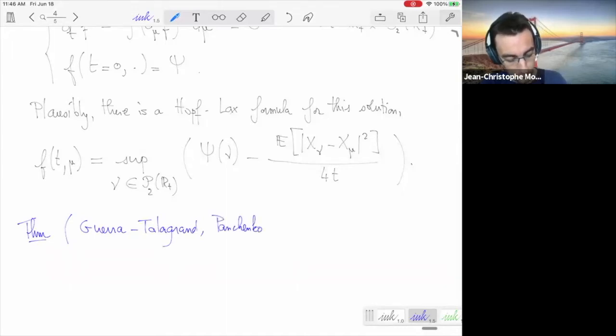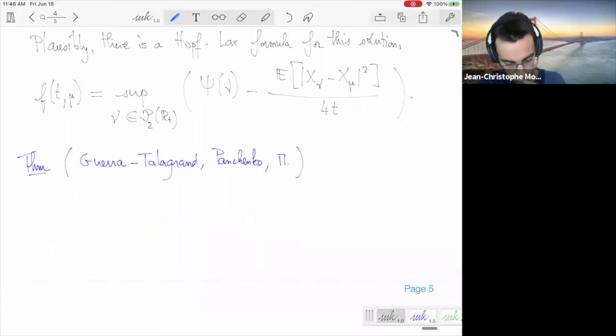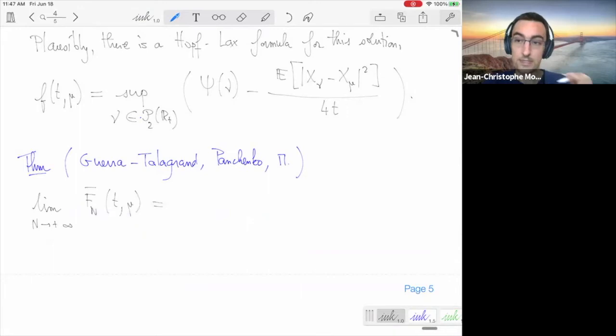But to prove exactly this in the setting I'm displaying now, it was noticed in some paper I wrote, which is a much more modest contribution, let's say, at least from a technical point of view, that this limit is f of t mu as defined above.